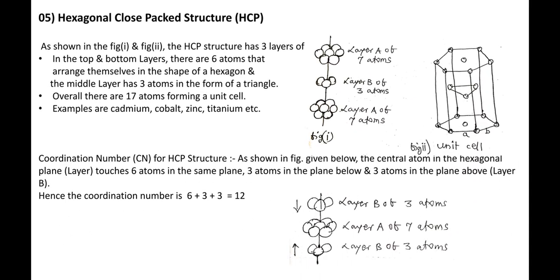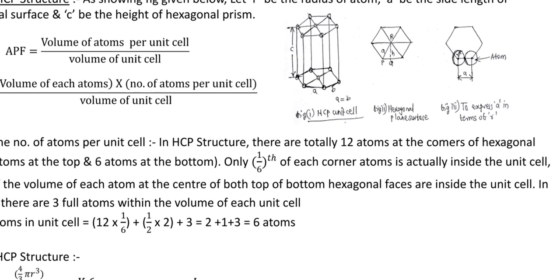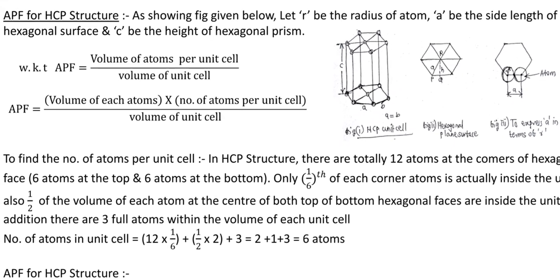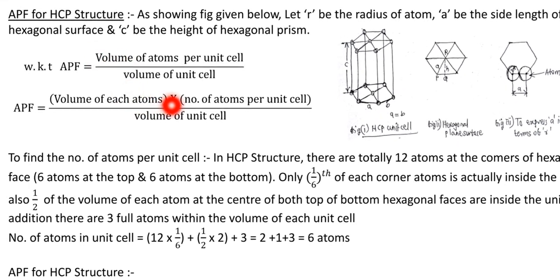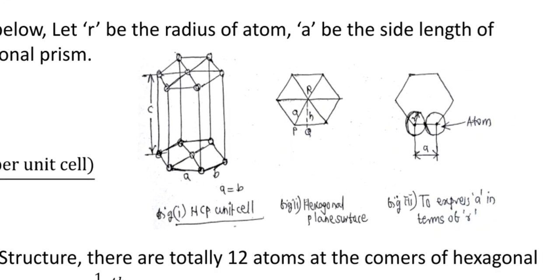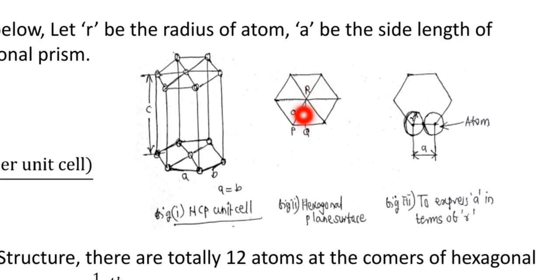Now we have to calculate the APF. APF is equal to volume of each atom into number of atoms per unit cell divided by volume of the unit cell. Now C is the height of the hexagon, and if the cross section is taken, this is the cross section of the hexagonal face. This hexagonal face has 6 isosceles triangles, 1 2 3 4 5 and 6.